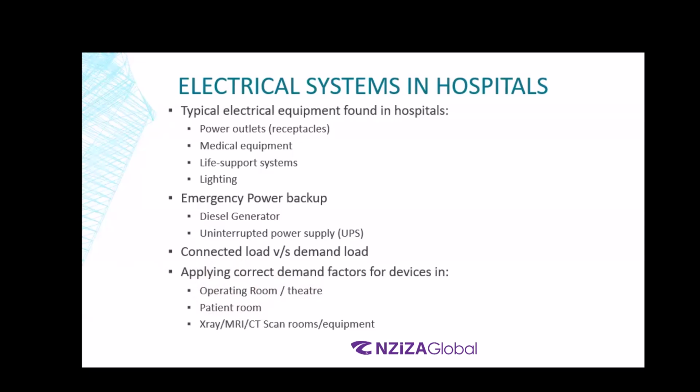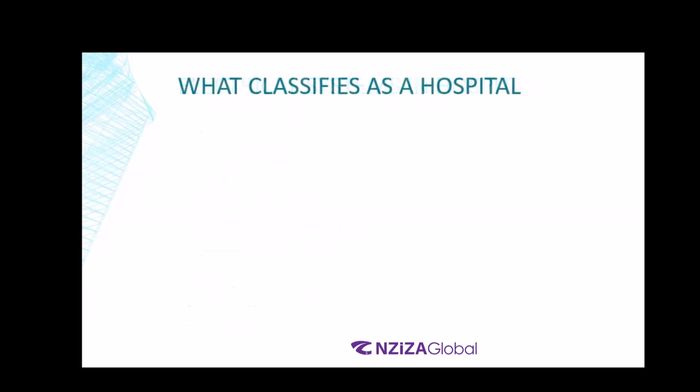We'll talk about the X-ray, MRI, CT scan rooms, equipment, and so on. Now, this is where our expertise will come into the picture. This might depend a bit from country to country, plus hospital to hospital, as per the requirement of the doctors. All right. So let's talk about the operating rooms.